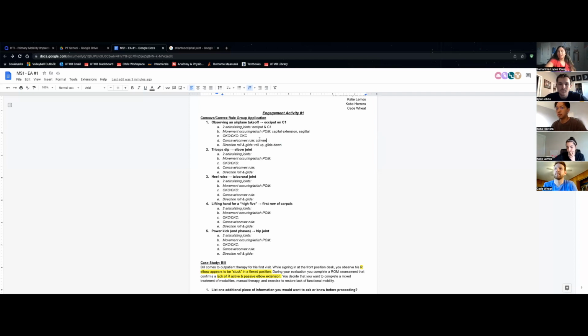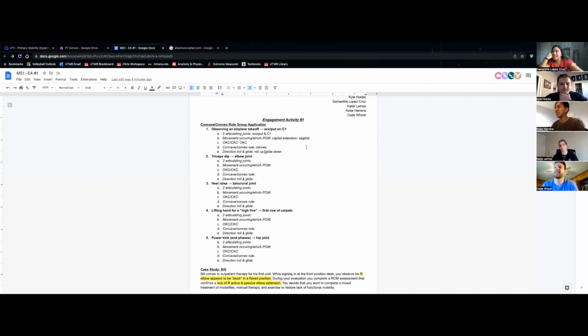I don't know, I think I'm just confused. So convex is opposite to the bony shaft, and let's say in this scenario your bony shaft is going back up. Okay, never mind. It's just a little weird because it's a skull instead of a long bone.